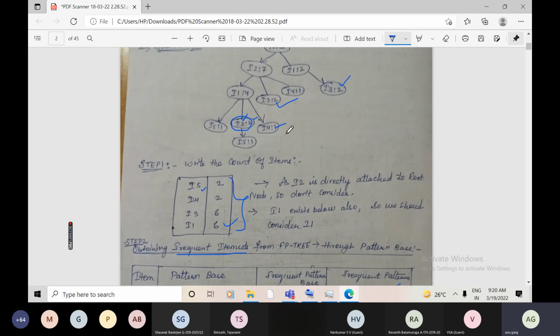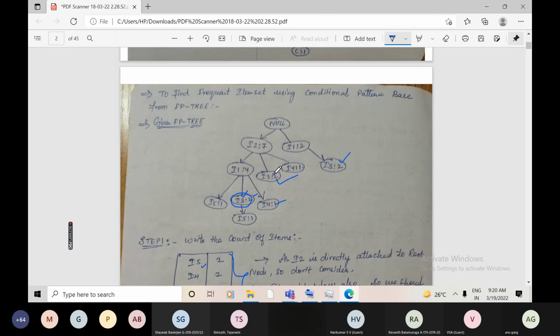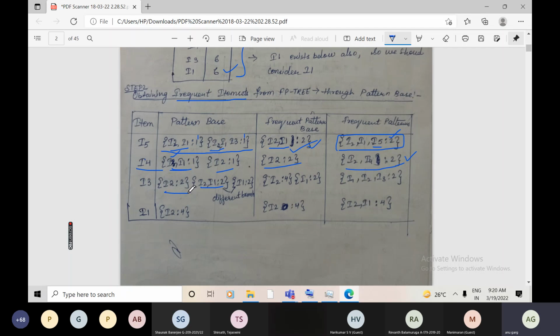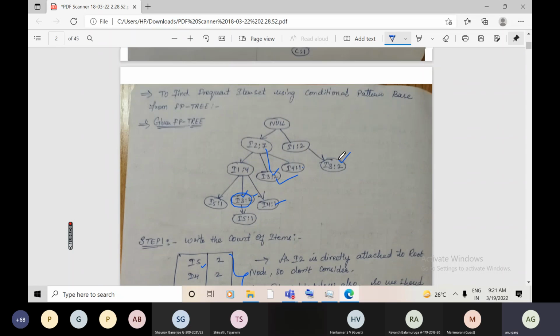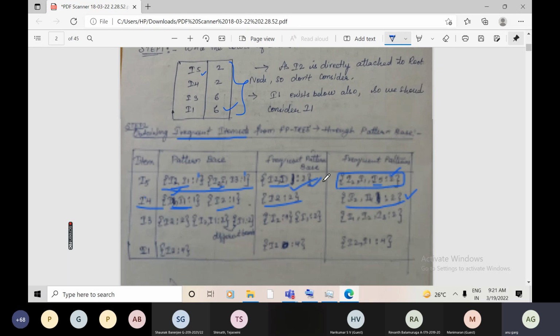Coming to another I3, here it is connected to only I2, so the set is I2 and the support count is 2. Now coming to another I3, here it is connected to I1 and the support count is 2. So here you will get I1, 2.